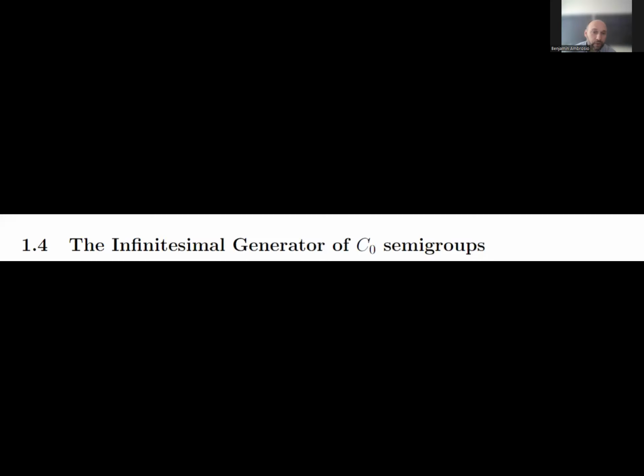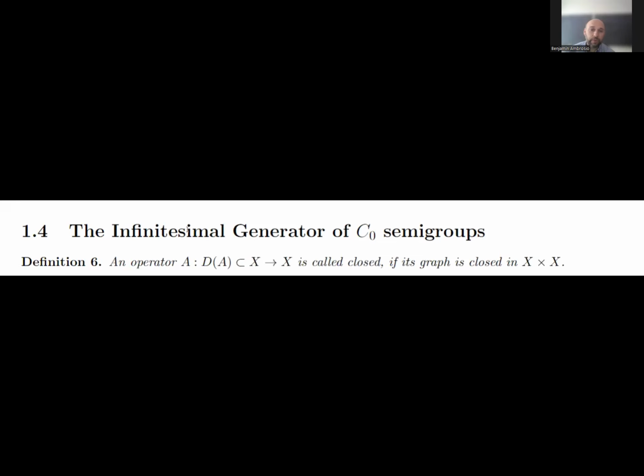All right, so in section 4, we are going to deal a little bit more with the generator of a C0 semigroup, and we are going to see some properties about it. So first, we need a definition.